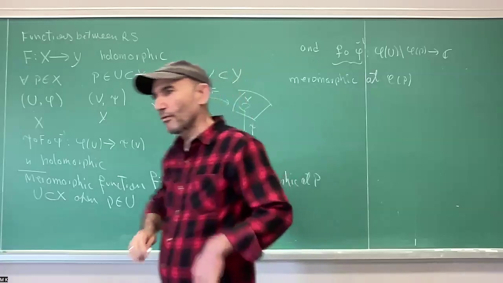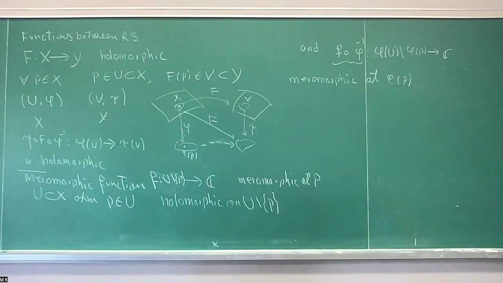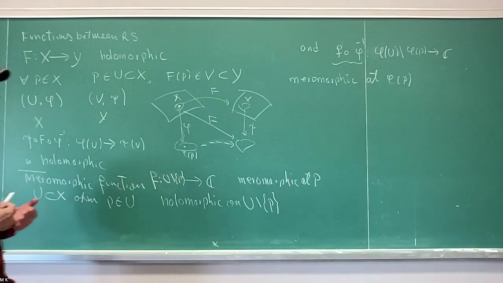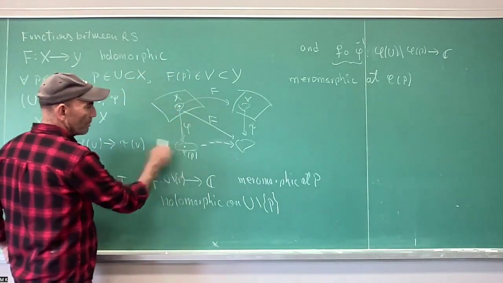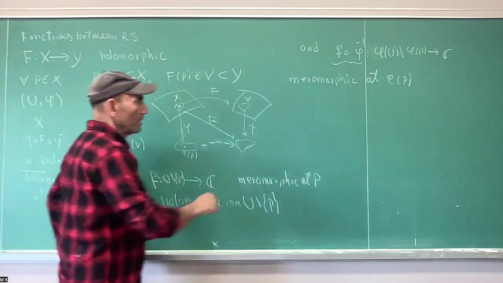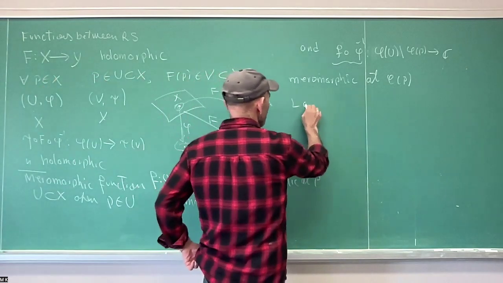So what does meromorphic function mean? From very basic complex analysis, you know that if you have a function which is holomorphic in some punctured disk around this point, you can always write a Laurent series.